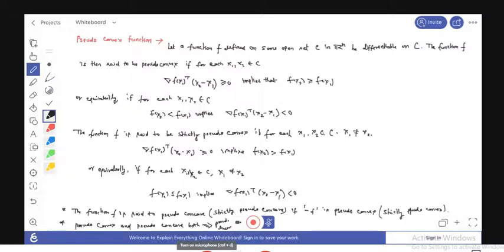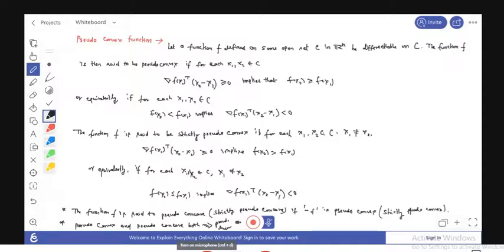So what is the pseudo function? On next page, we take a function which is pseudo convex but not a convex function. This means any function which is convex is of course pseudo convex.